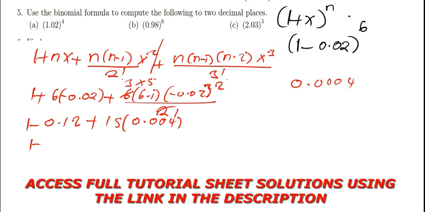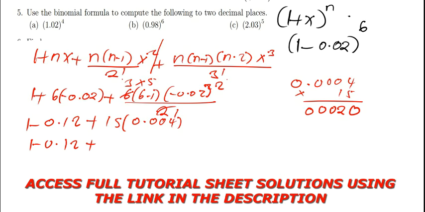So we have 1 minus 0.12 plus. So if I do this times 15, what answer are we going to get? So 4, that gives me 20. Then that gives me 5, 0. 5 times 0, that is 0. 0 plus 2, that is 2. Then that gives me again 0, 0.